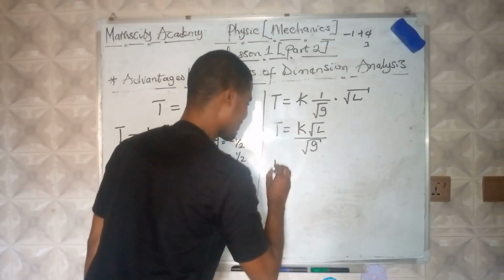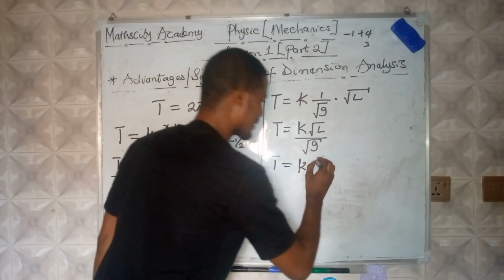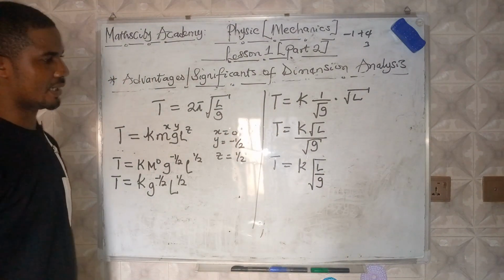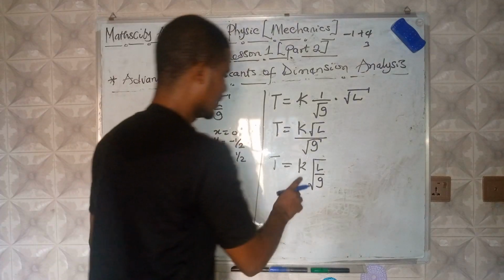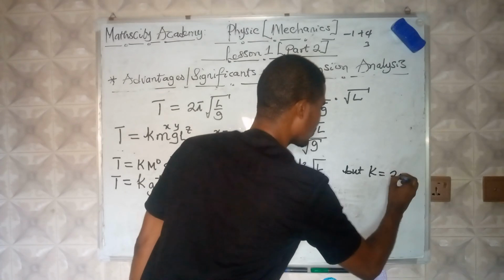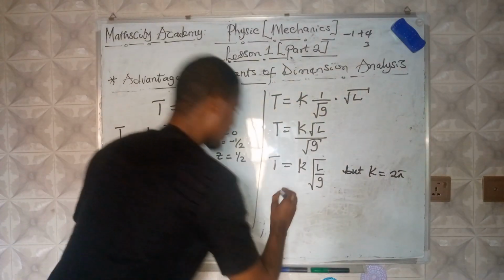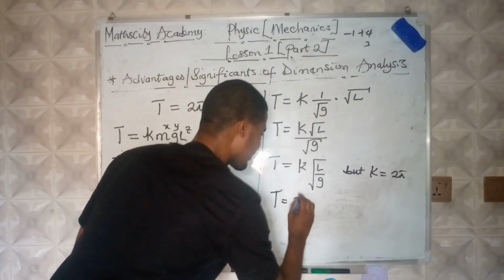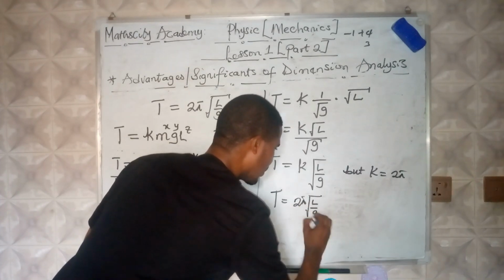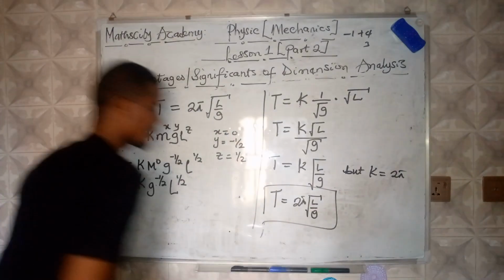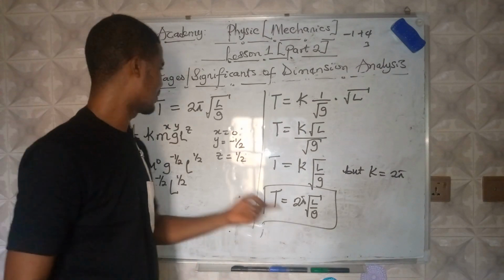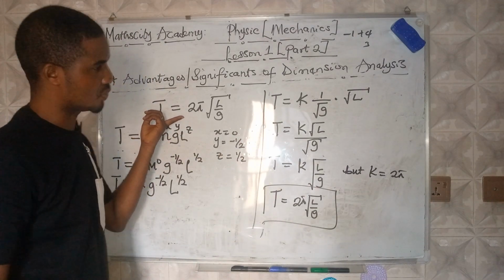Mathematically, we can write this as K times the full root of L over G. Now, remember that K equals 2 pi, so that T becomes 2 pi root of L over G, and this becomes the equation for the period of a simple pendulum, which we have proven. They gave it to us, and we have proven it.